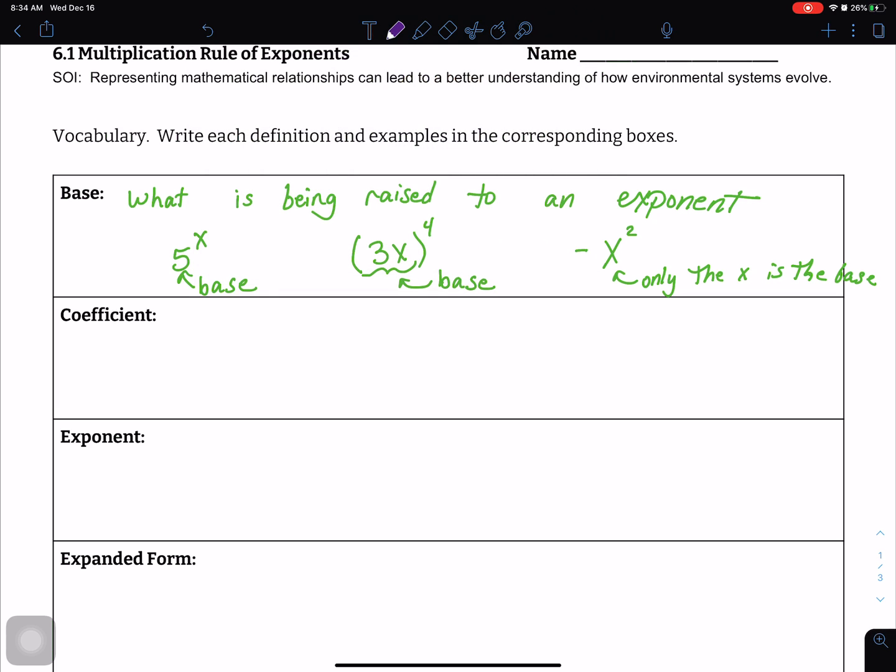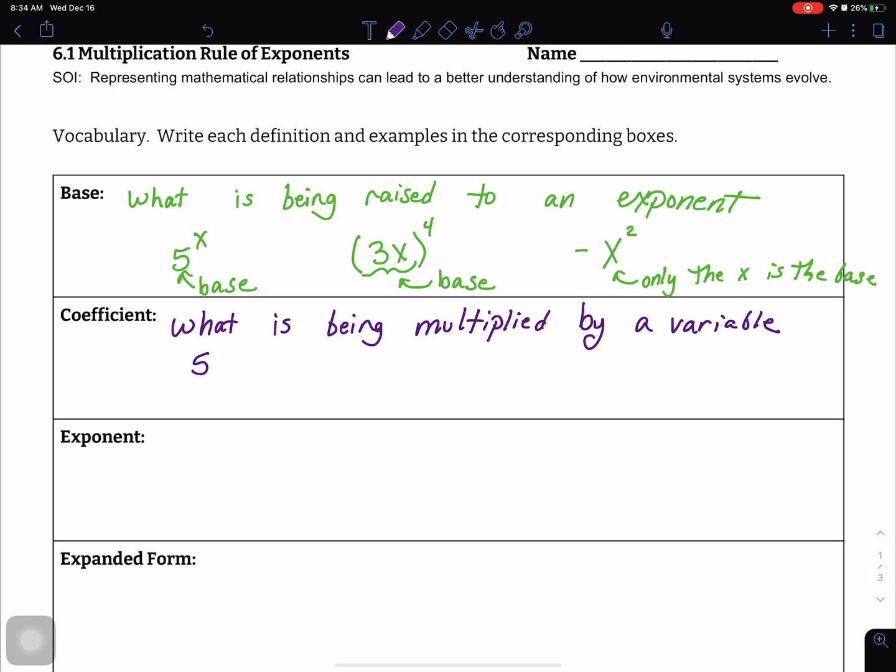Our next one is coefficient, and it is what's being multiplied by an exponent, or not an exponent, a variable. So if I have 5x, the 5 is my coefficient.